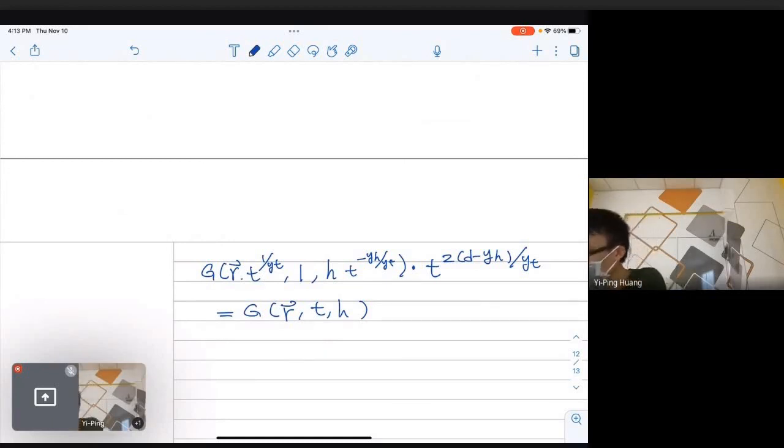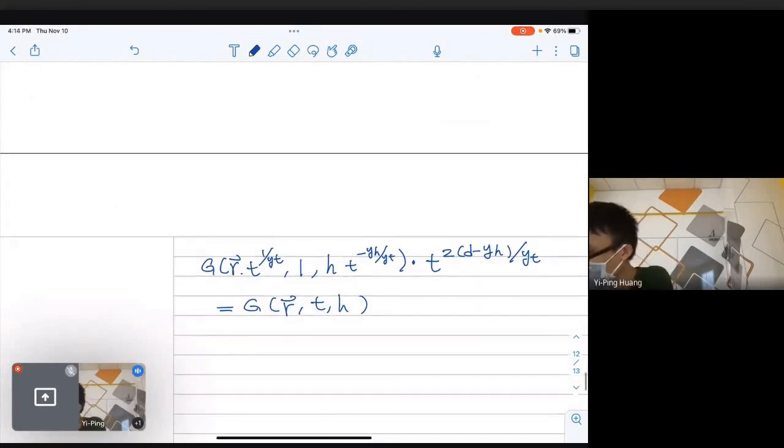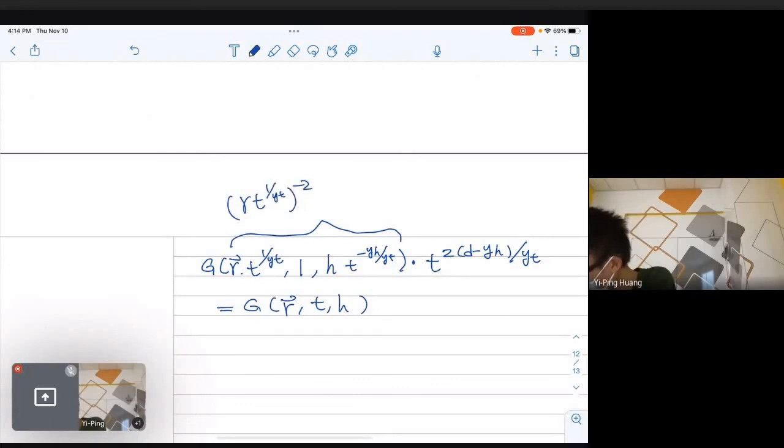All right, so once we have that, eventually we can define this object to be this scaling function.